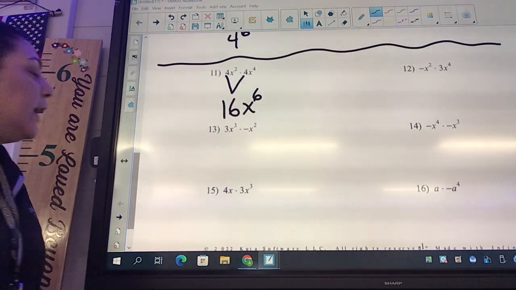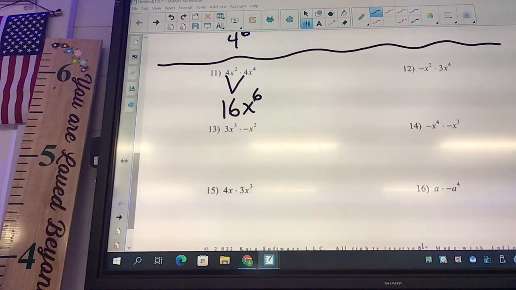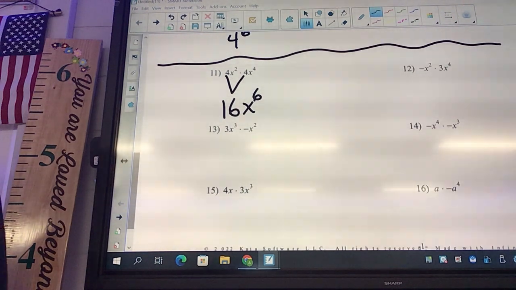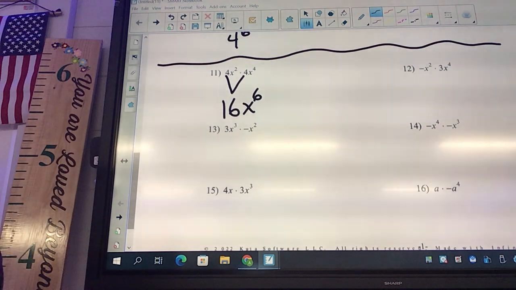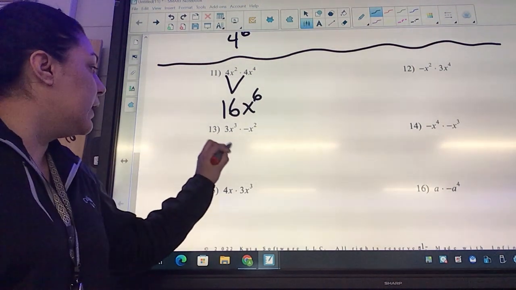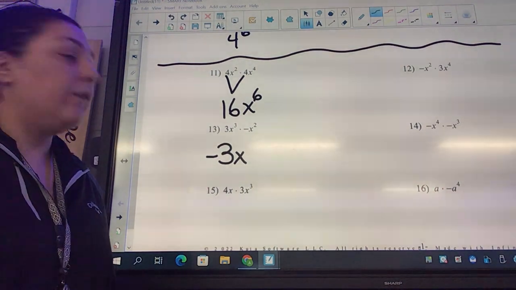Okay? So if we look at 13, what are my 2 bases? Not 3x. 3 and negative 1. So what am I going to get? I'm going to multiply them. Negative 3, and we're going to add up the littles. 5.